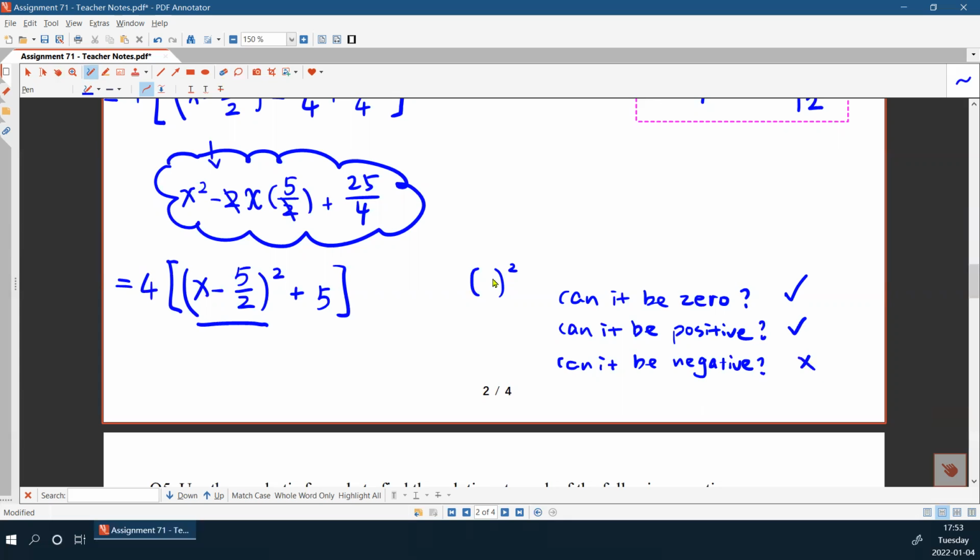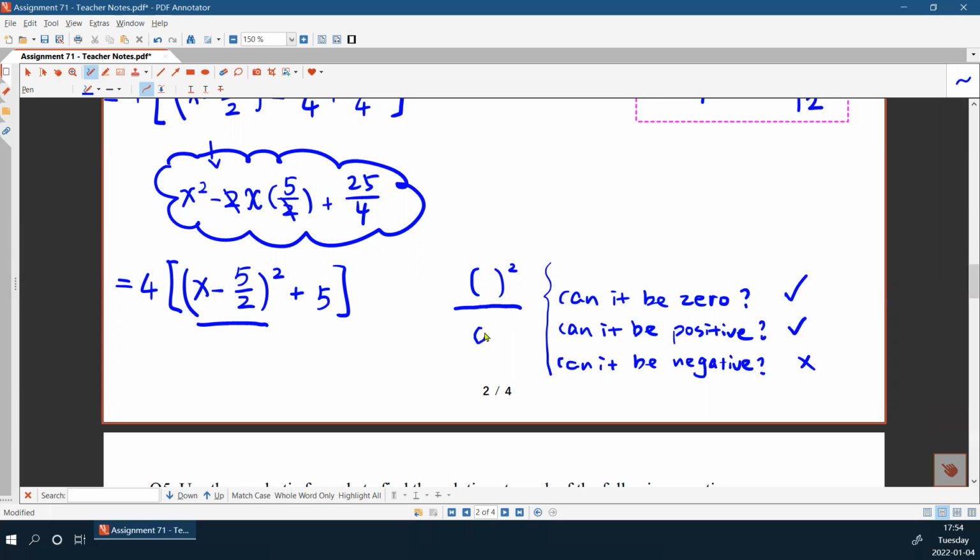No, because something squared, if x is a real number, is always non-negative, right? So according to these conclusions here, what is the smallest number of this expression?